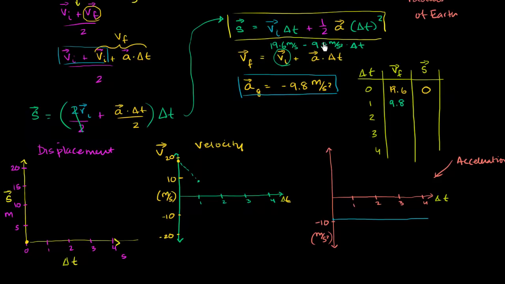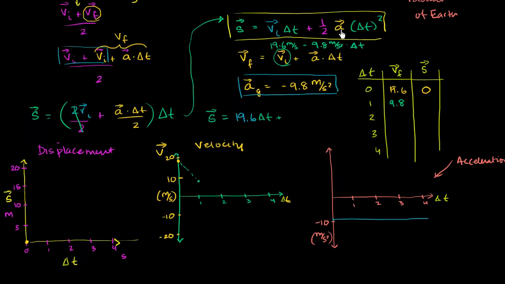So you look up here, and let me rewrite this displacement formula with all of the information that we know. So we know that displacement is going to be equal to our initial velocity, which is 19.6. And I won't write the units here just for the sake of space, times our change in time, plus 1/2 times negative 9.8 meters per second squared, times delta t squared.